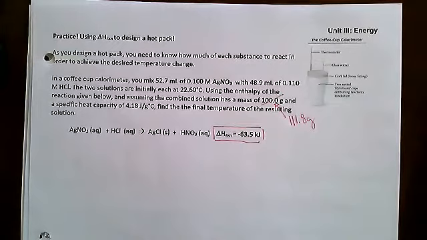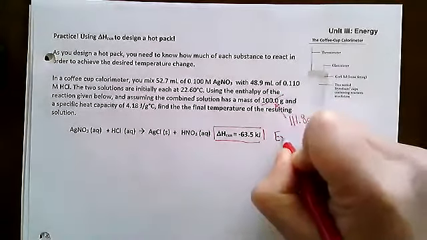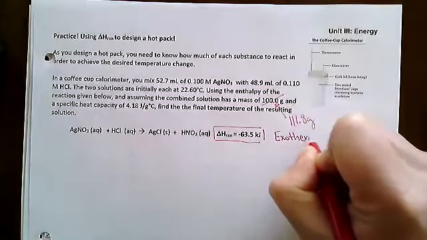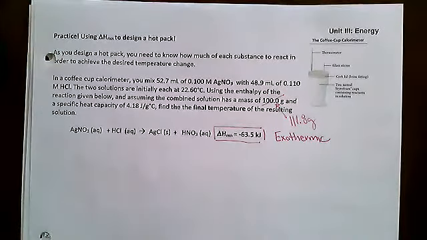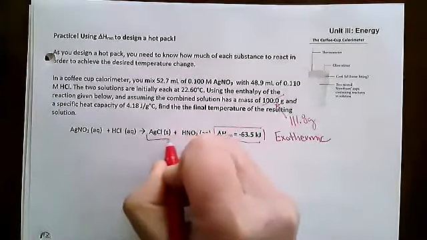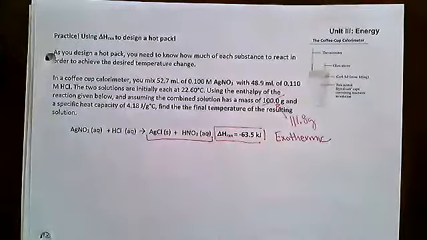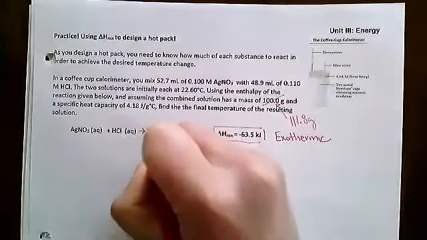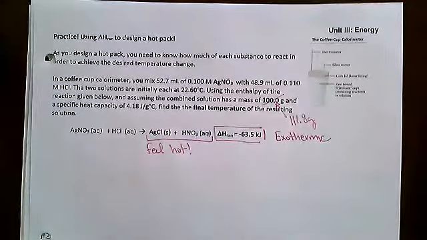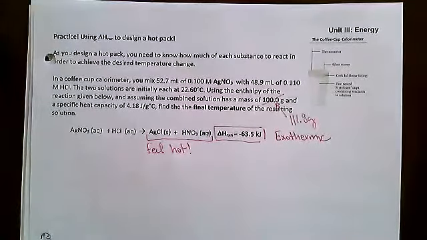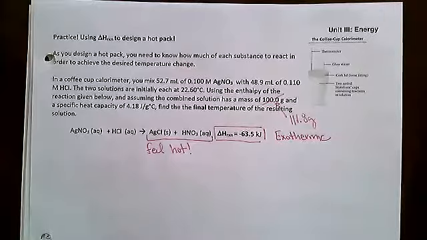Exothermic. Exo, negative sign, exothermic. So when you mix this, is the solution going to feel hot or is it going to feel cold? Hot? Hot, yes. So hence the hot pack.